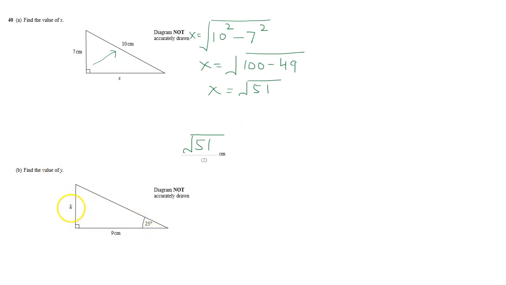Find the value of y. This is also a right angle triangle. So this is opposite, adjacent. So opposite over adjacent, we take tan 25 is equal to opposite over adjacent, that is 9. So opposite, that is y, is equal to 9 tan 25.